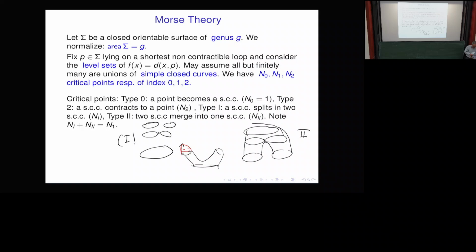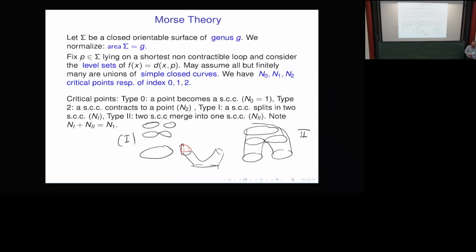That's one reason that type 1 are not very useful, while type 2 are more useful: type 2 are always topologically non-trivial, while with type 1, you might think something happened, but maybe this thing that branched off is capped off by a disk later, so nothing happened. While for type 2, always something happens.